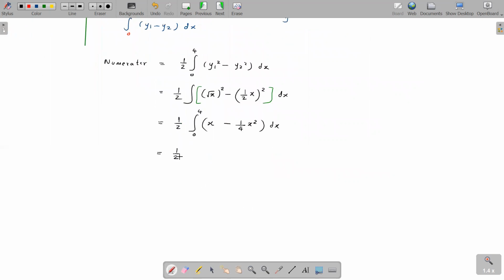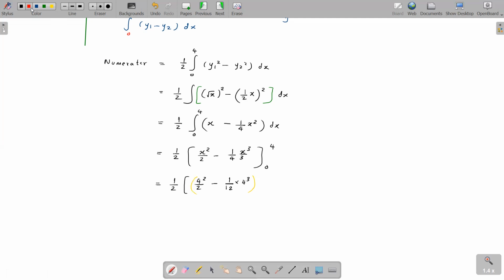So half times, now let's go for the integration. The integration of x is x square over 2, minus, this one is 1 over 4, and the integration of x square is x cube over 3. Your integration limits are from 0 to 4. So half into 4 square over 2, minus 1 over 4 into 1 over 3, that's 1 over 12, into 4 cube.